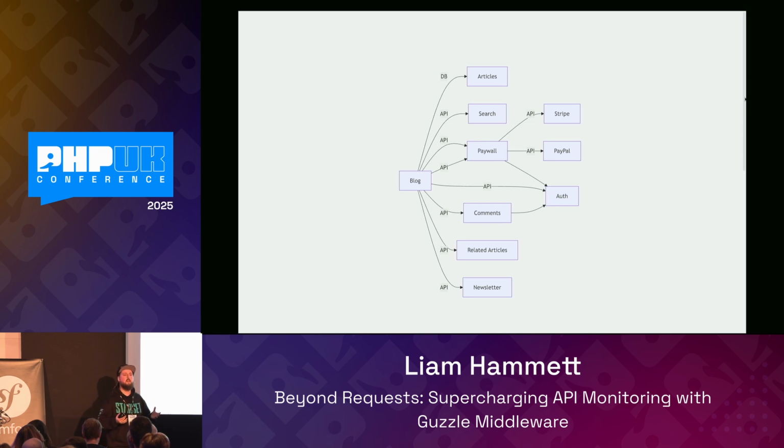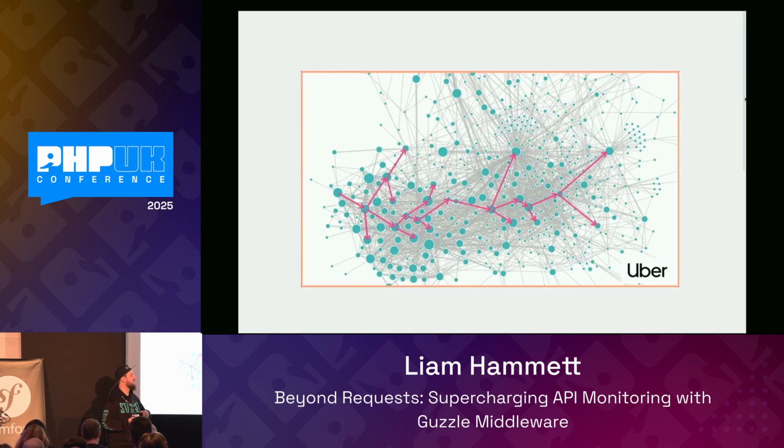But what happens if you have a company that has become a multi-billion-dollar company and you've taken over an entire industry? Uber published this on their engineering blog a couple of years ago, and this is a list of all of the different APIs and microservices that they're calling throughout their applications. And it's absolutely insane.